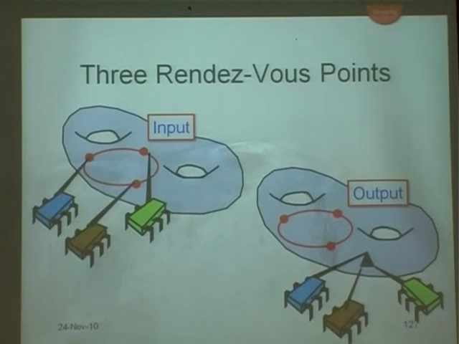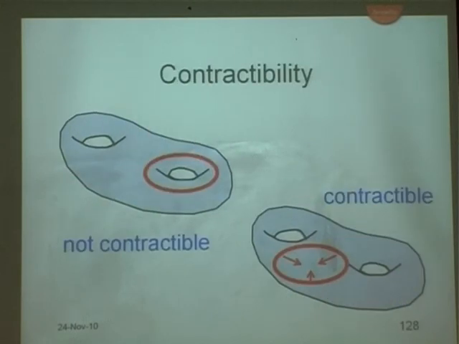So this problem exists in order to be reduced to a problem known to be undecidable. The key idea here is contractibility. A loop is contractible if I can continuously deform it to a point. This loop is contractible. This one is not contractible.